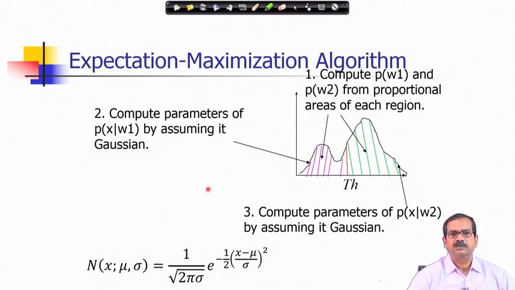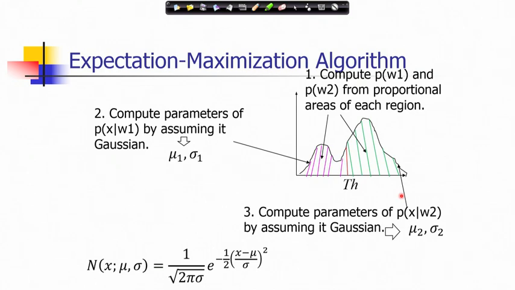To compute this likelihood probability, you simply need to compute these parameters, then you can compute the probability of any value x given those parameters. Let us call the parameters for class W1 mu1 and sigma1, and the corresponding parameters of W2 mu2 and sigma2.